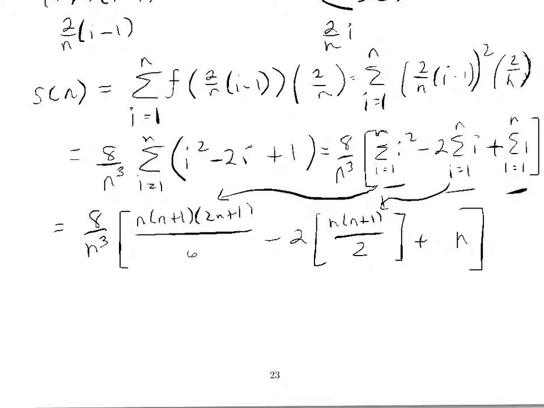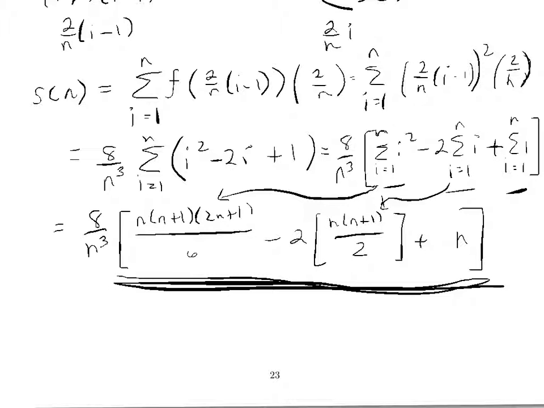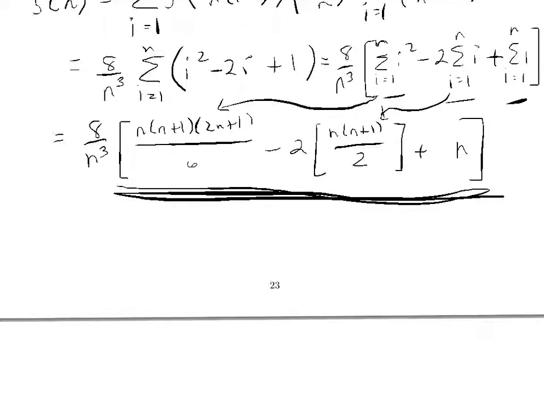Okay, so these brackets are everything that's multiplied by 8 over n cubed. Simplifying that takes a little bit of algebra work, so I'm going to skip over that a little bit.